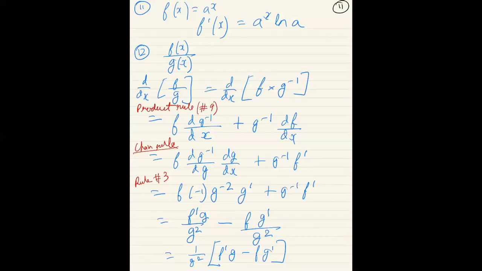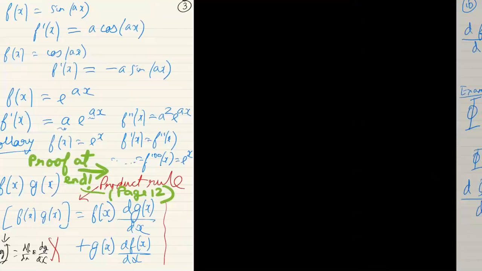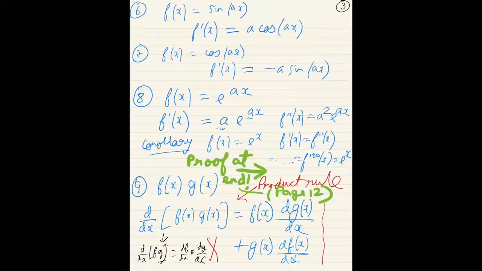And as a final topic in this module, I want to show you the proof for point number 9, which is the product rule, f multiplied by g. When we differentiate it, why is it the same as f g prime plus g f prime? It's easy to remember, and you can see intuitively why this is the case.